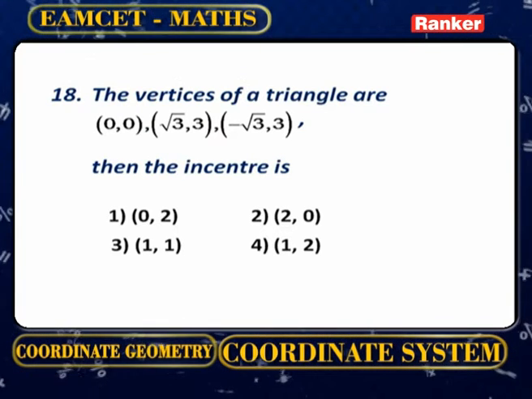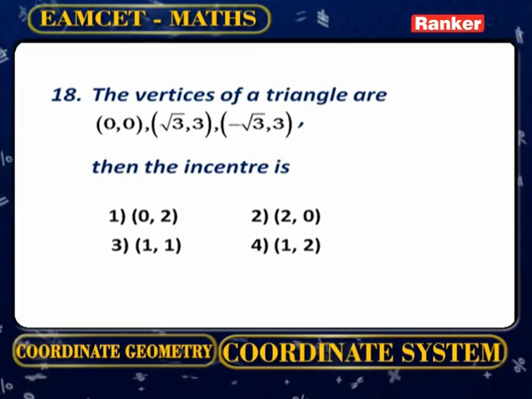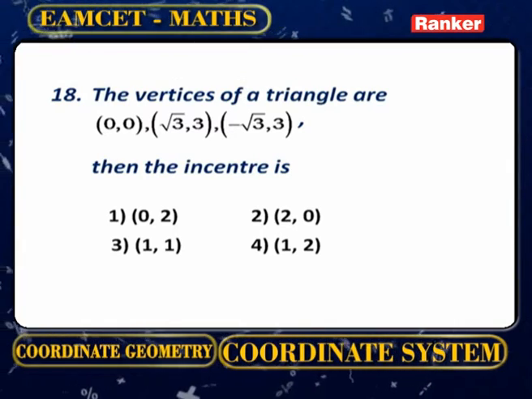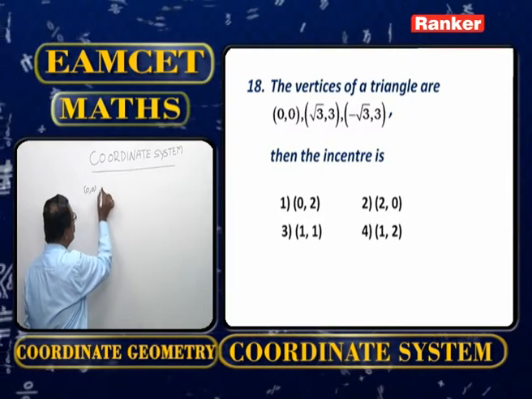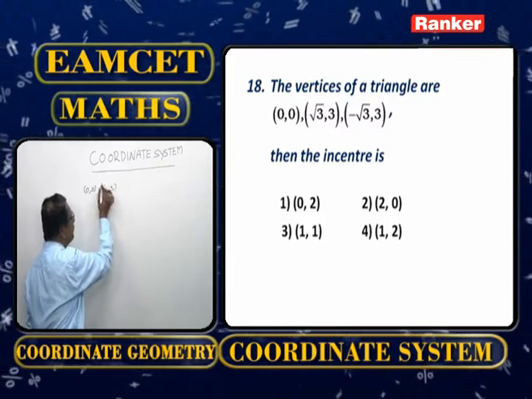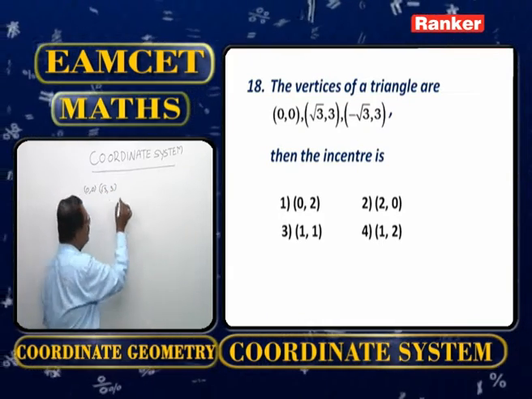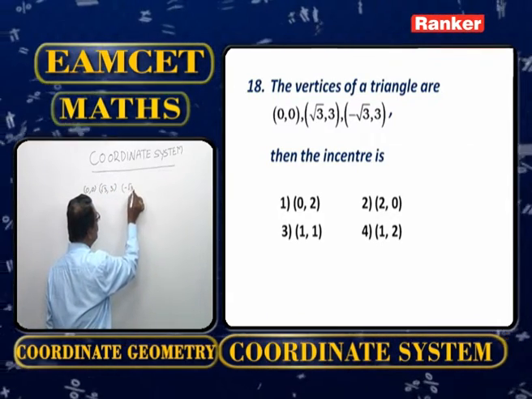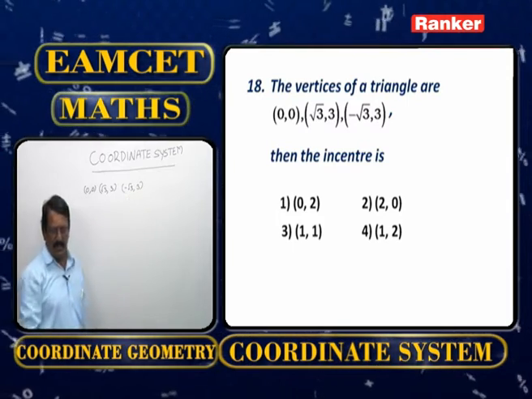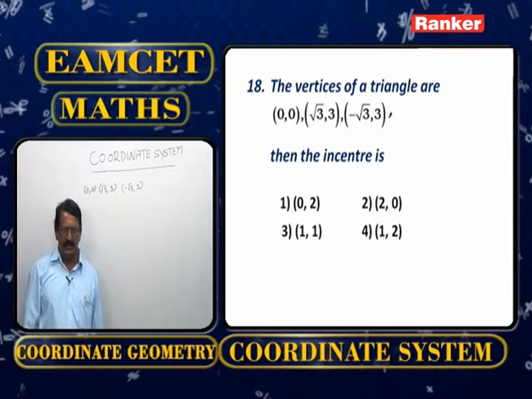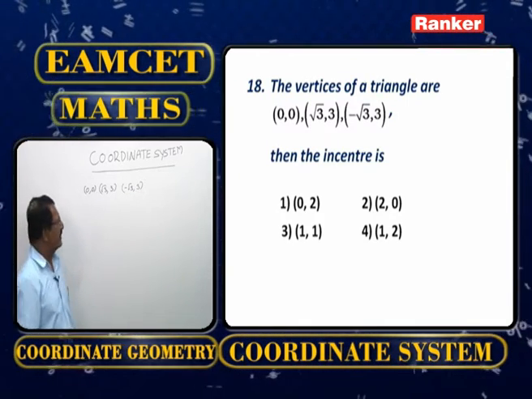The vertices of a triangle are (0, 0), (root 3, 3) and (minus root 3, 3). Find the incenter of the triangle.